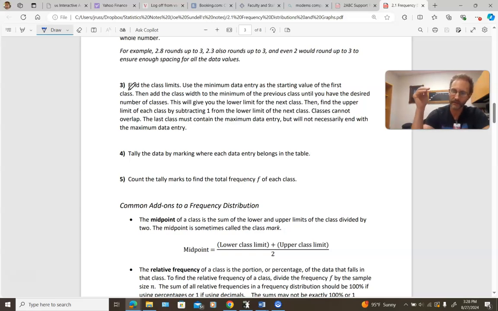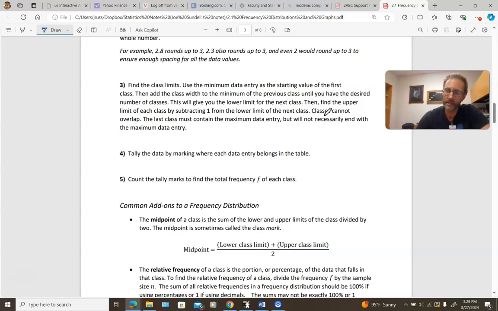And then you'll go back and find those upper class limits. I'll illustrate this here in a minute. This will make more sense. Classes cannot overlap. And then the last class must contain the maximum data entry. But it doesn't necessarily have to end with the maximum data entry.